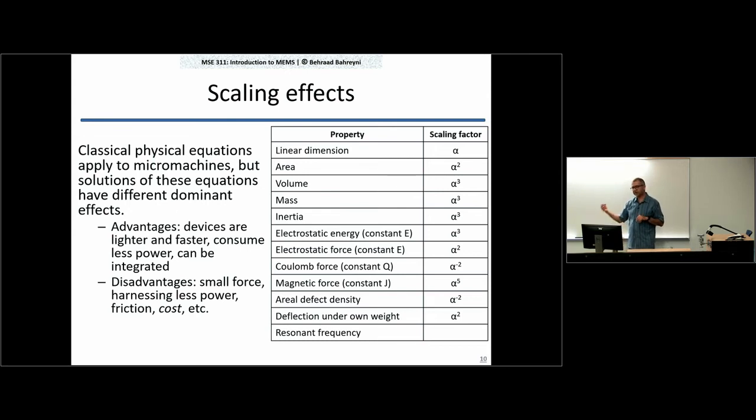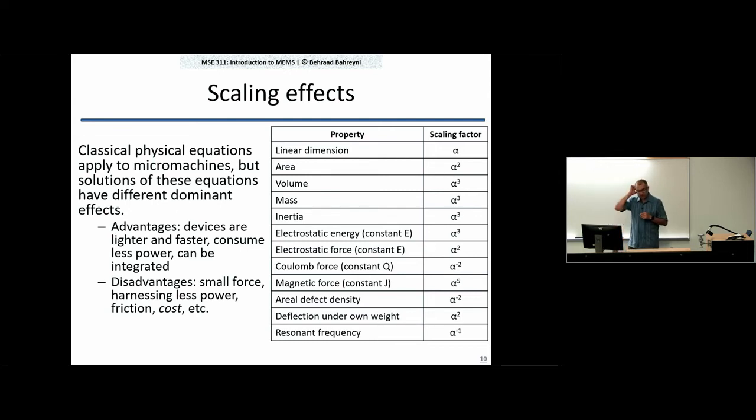What that means is that the amount of deflection under own weight quickly becomes irrelevant. At these small scales, the masses of these devices are so small and the dimensions are so small that in most cases you actually can treat them as massless items, right? So the mass of this device doesn't affect its initial static location. Of course, when you talk about the dynamics, you have to take the mass into account, but for static applications, the mass of these devices is so small that you can just ignore it in most cases, not all cases.